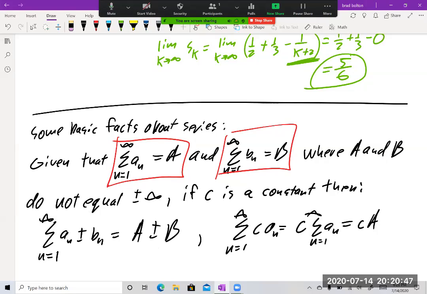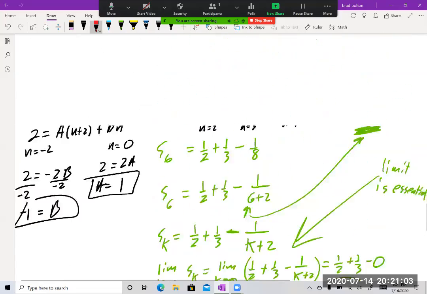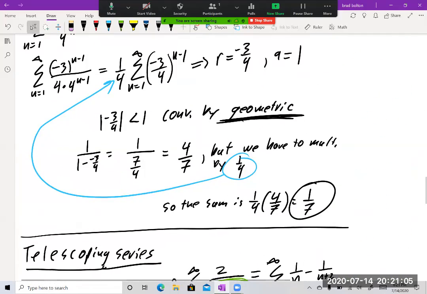So that was kind of a hidden meaning. Now this one says if you have a constant times this sequence and you're working with the whole series, you can move the constant outside, find the series sum, and then multiply the constant back in. That's exactly what I did up here with the 1/4. I pulled the 1/4 out and brought it back in.